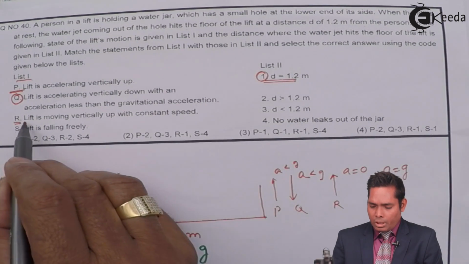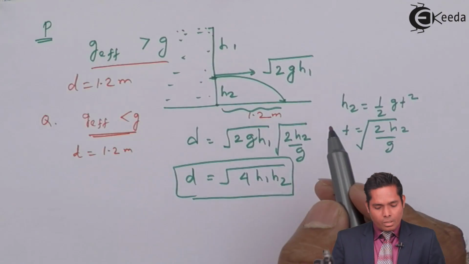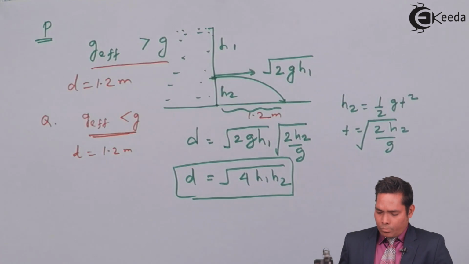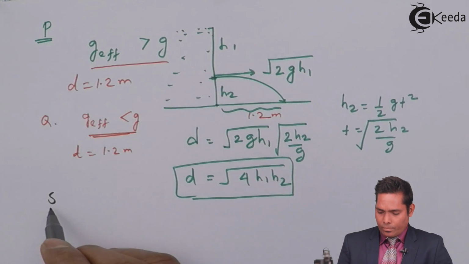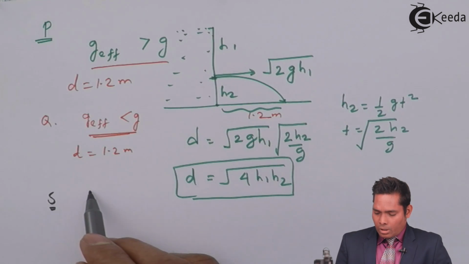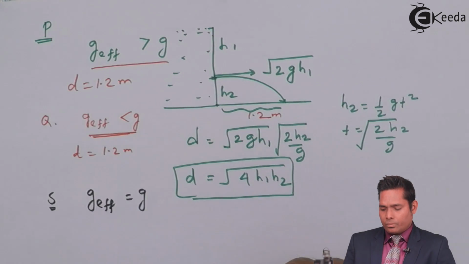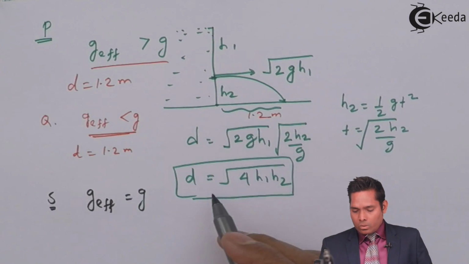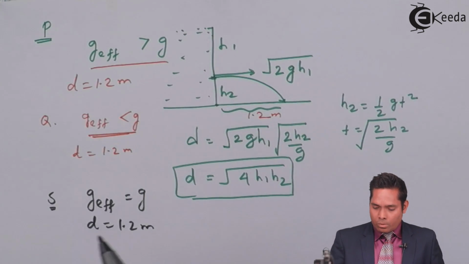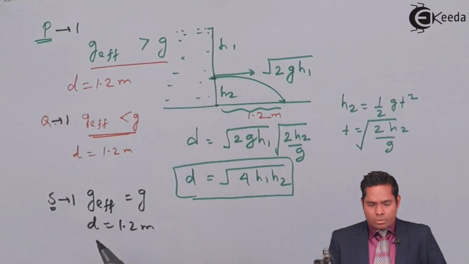Option R, the lift is moving vertically up with constant speed. Then g effective becomes equal to g, then also this will cancel out and d equals 1.2 meter.